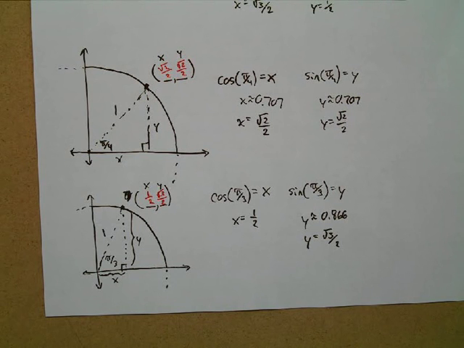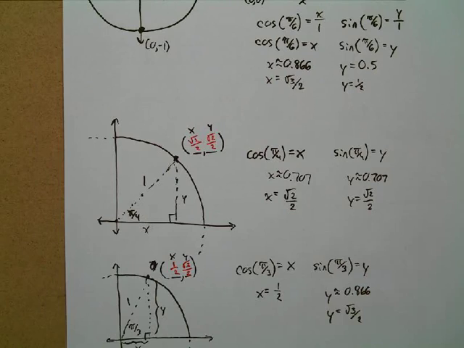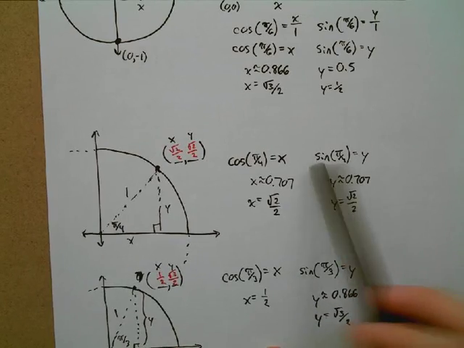You can think to yourself, if I think about pi over 4 on my coordinate plane, the sine is equal to the y coordinate at that point. So at pi over 4, the y coordinate is root 2 over 2. And so sine of pi over 4 is root 2 over 2.